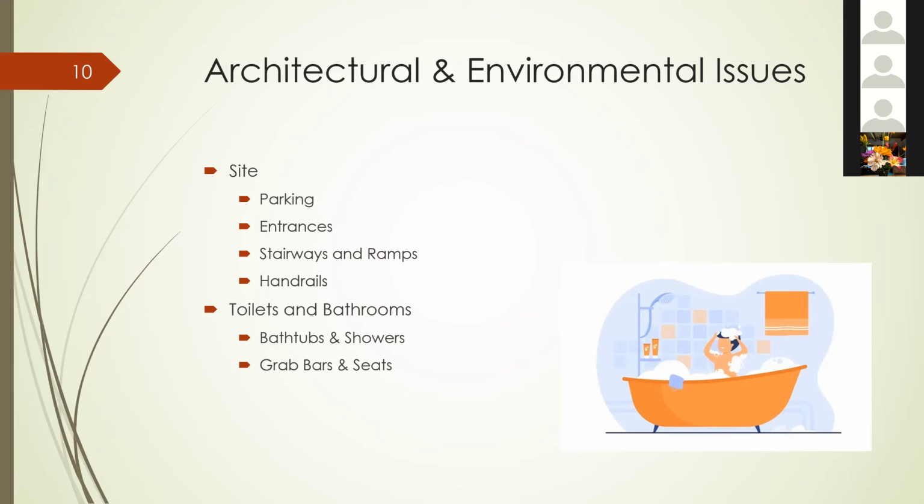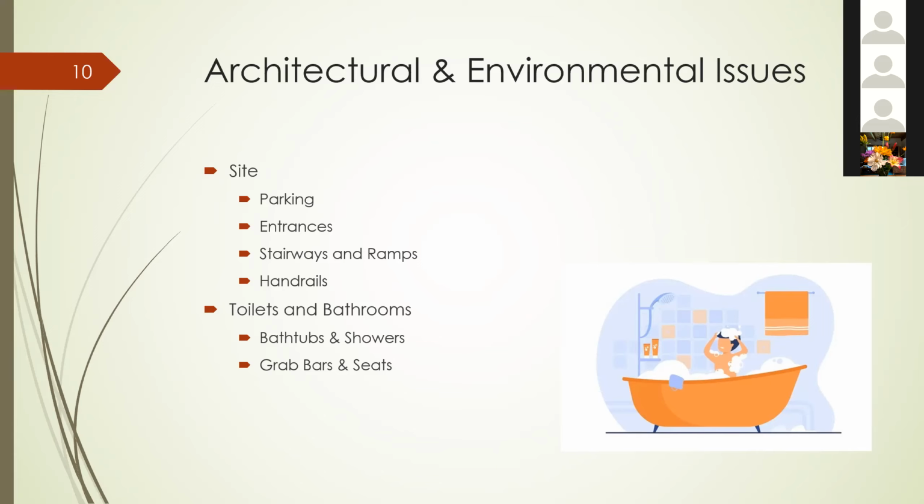As already mentioned, stairways and ramps are another reason for falls. And I know there was also a question about handrails. From an architectural perspective, there are required standards to make sure that handrails are appropriate, and that has to do with the size and height of the handrail, as well as the attachment.